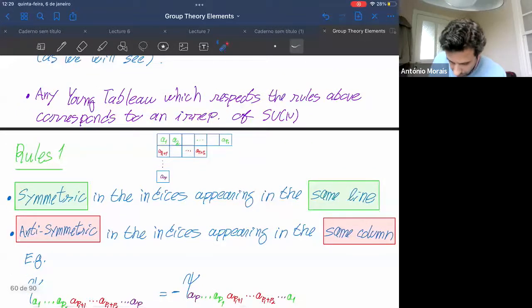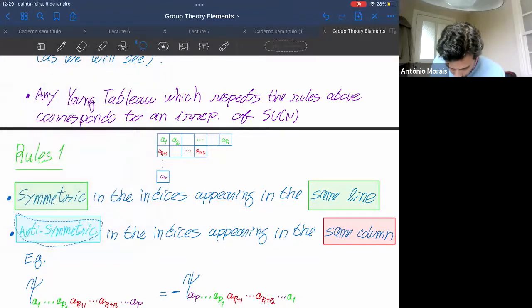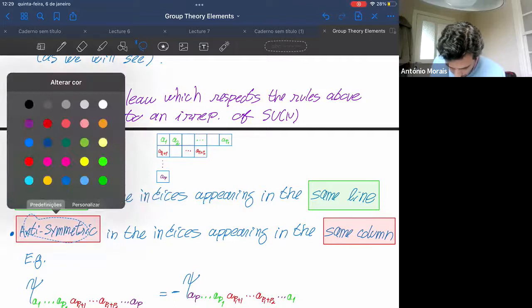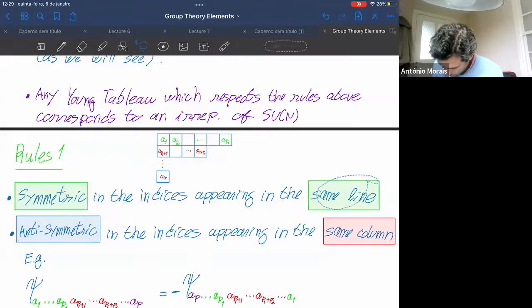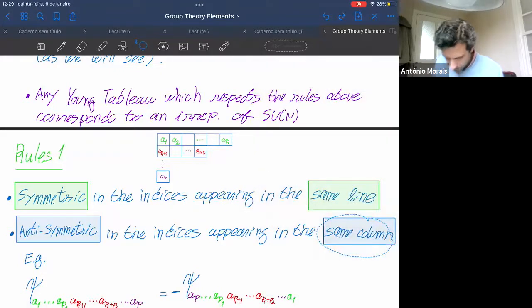In fact, I should have used a different color. Let me try to see if I can modify the color. It changes the color of everything, but I can do it like this. I just want to avoid some of you by accident confusing it. So blue standing for the blue of the Young Tableau boxes, let's say.